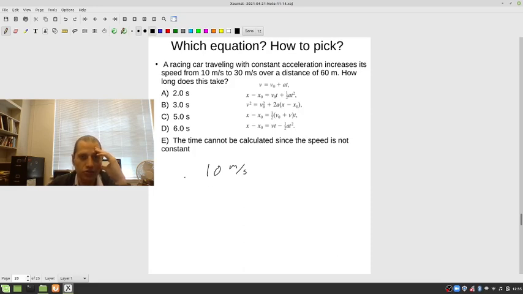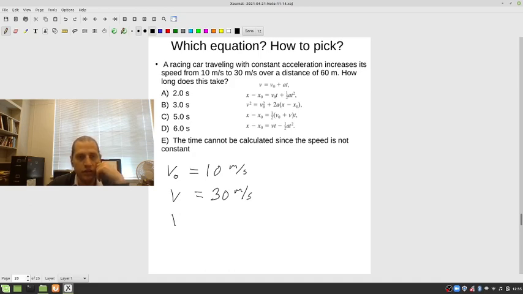That is the initial velocity, so v with a 0 on it. We end up at a speed of 30 meters per second, so that's our final v without a 0 on it. And this happens over a distance of 60 meters.